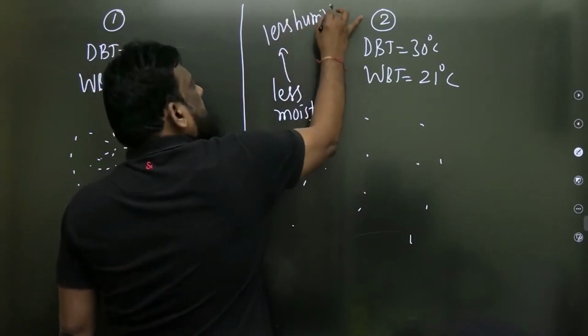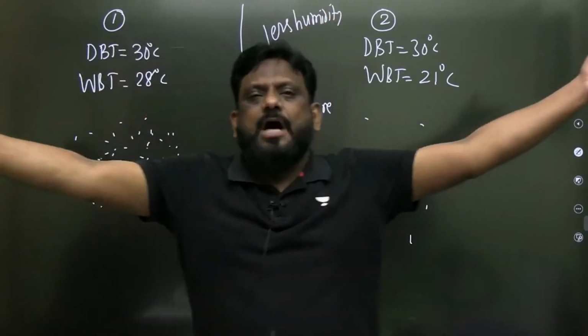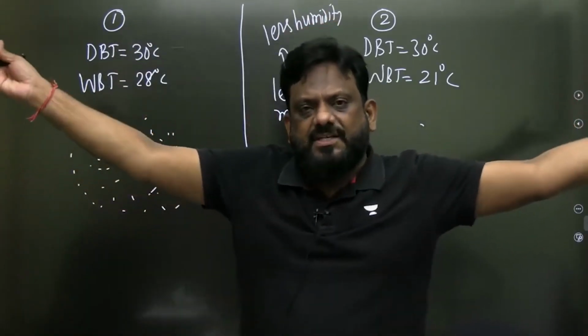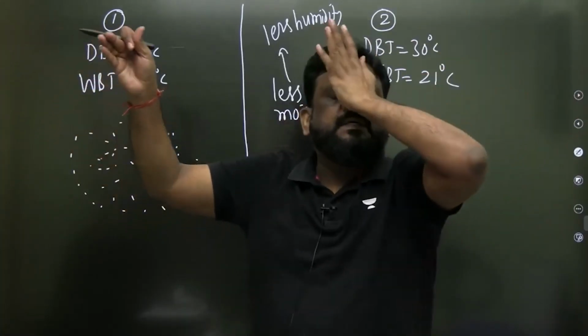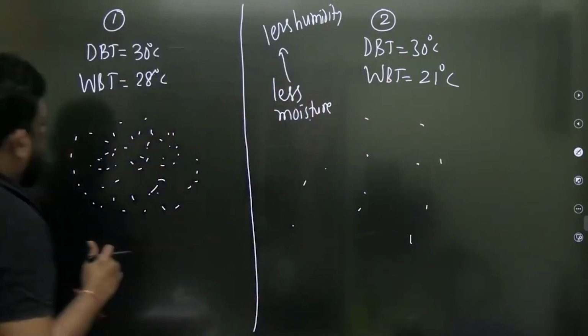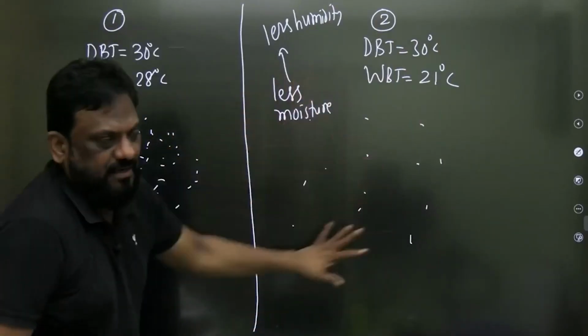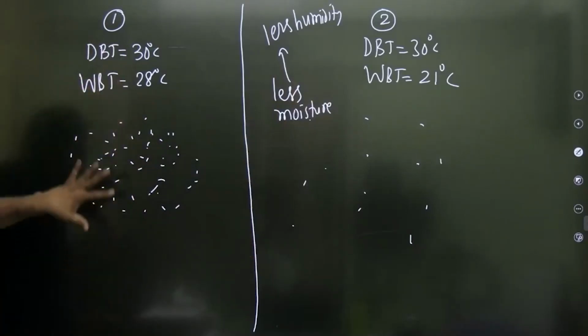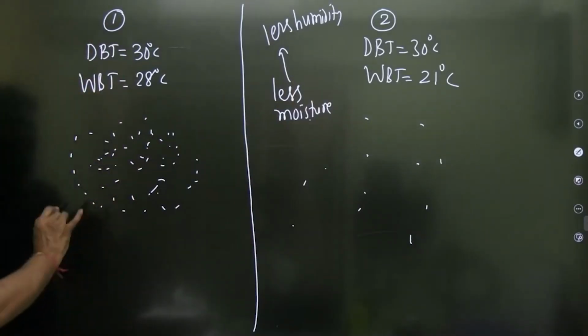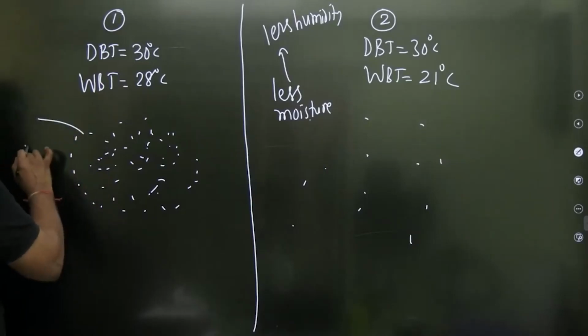Let us say if you go to the Bombay side, the coastal areas, Chennai, Vijayawada, there the moisture will be very high. So here, less moisture, and here more moisture, something like the coastal areas, more moisture. Here, high moisture.